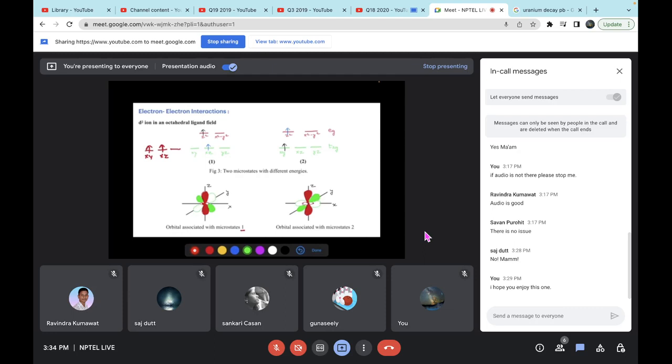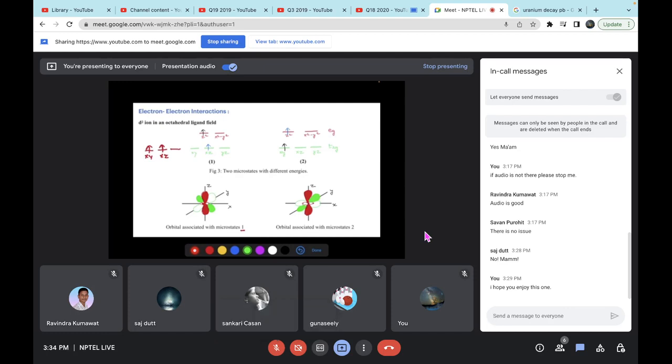So you can see that these two microstates, 1 and 2, have very different electron density, and therefore these two microstates have different energy, because the electrons in dz square and either dxz or dxy interact very differently here.